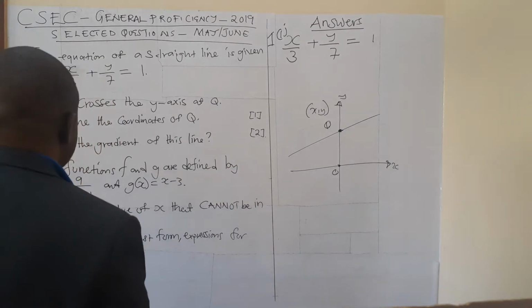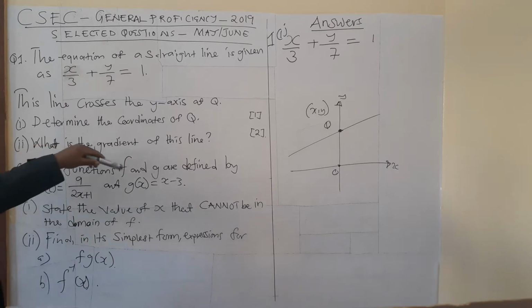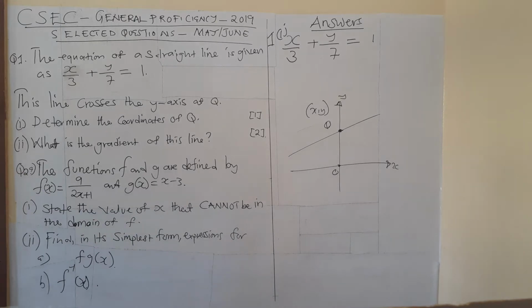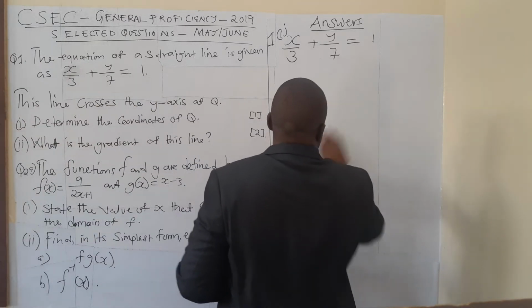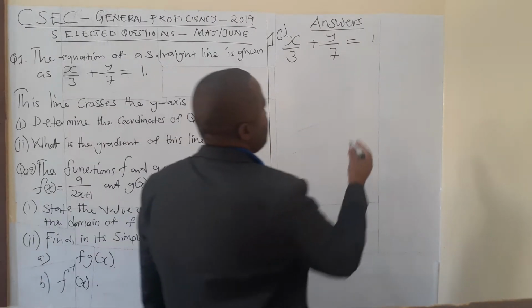But for the sake of this question, say what is the gradient of this line? It's better we first determine the equation. It's better we put the equation in standard form. What is the standard form?